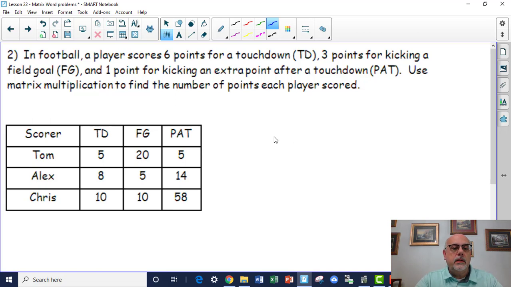So here, if we read the problem, touchdowns are 6 points, field goals are 3, and point afters are 1.